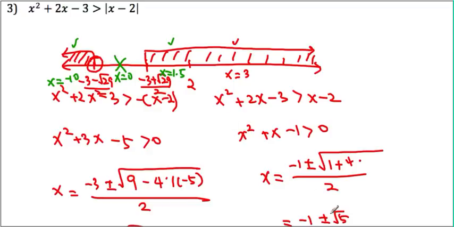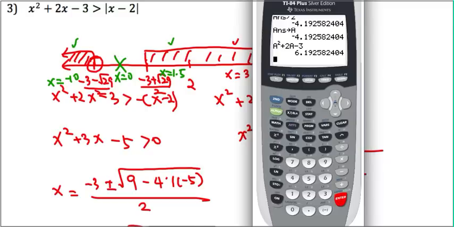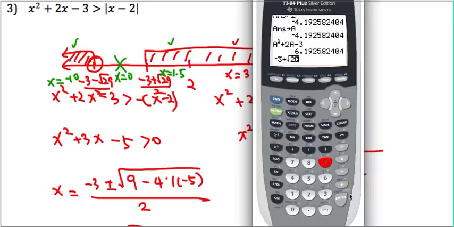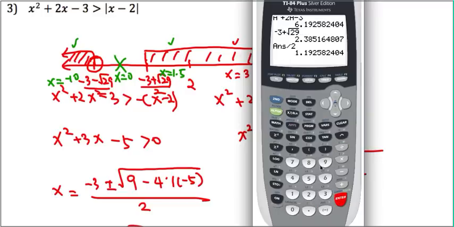How about on the right side? This value, negative 3 plus square root of 29 and then divided by 2. Now let's store that as maybe our b value.